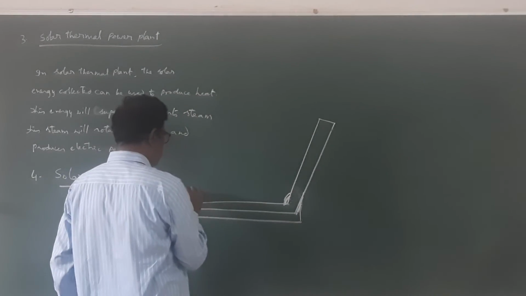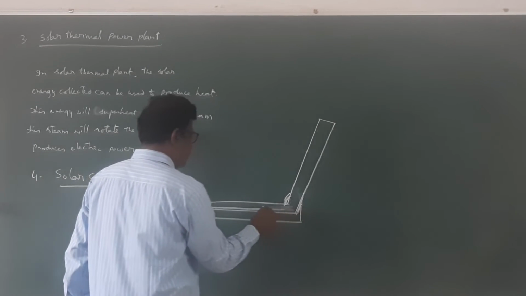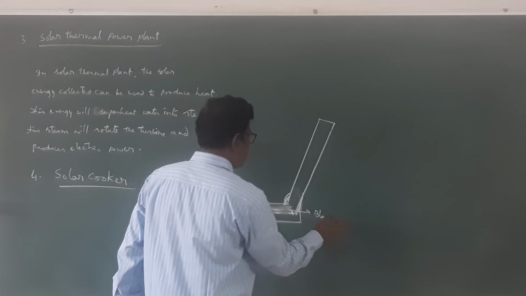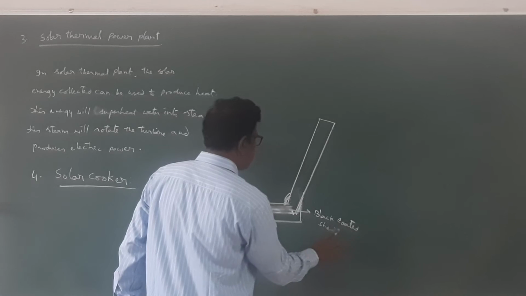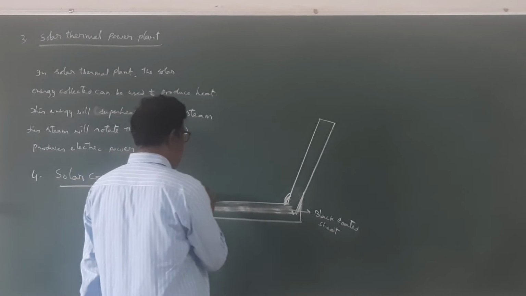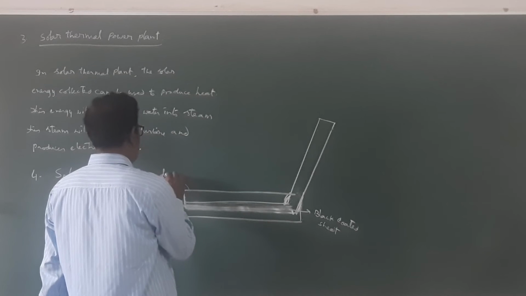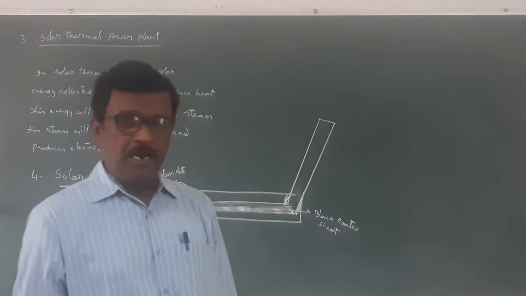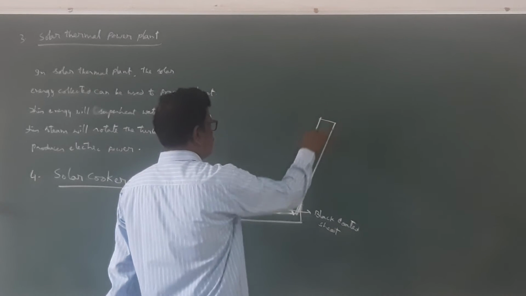Over this wooden box, at the bottom there will be a black coated metallic sheet. Over this metallic sheet, a glass plate is covered, and here there will be a solar reflector.